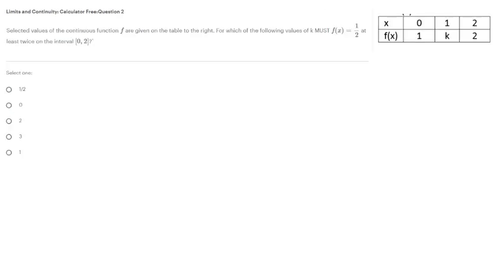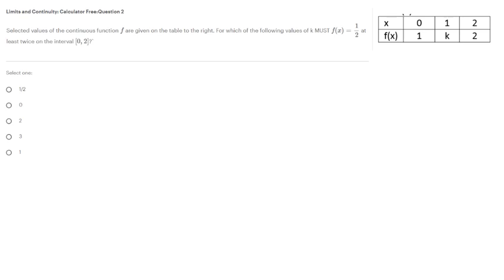Selected values of the function f are given in the table to the right. For which of the following values of k must f of x equal 1/2 at least twice on the interval 0, 2? This is another intermediate value theorem question.